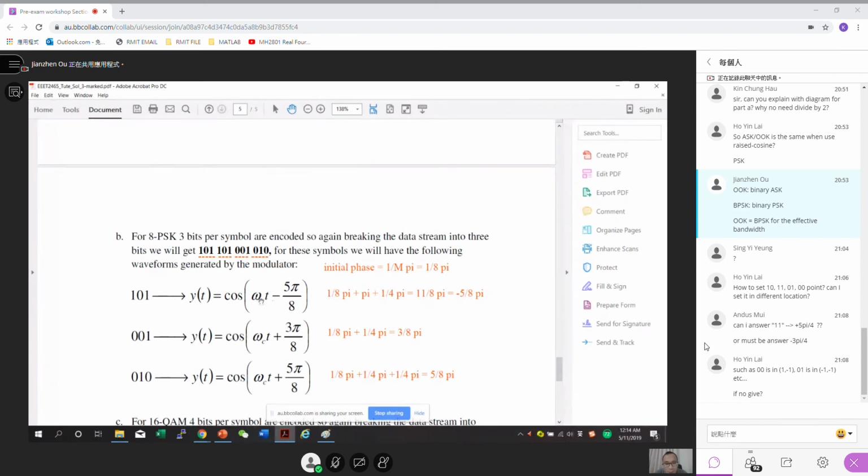You can put 11 pi over 8 here, but I think you had better change to the negative side, which is equal to minus 5 over 8 pi. So this is easier. How to convert from 11 over 8 pi to minus 5 over 8 pi? This is high school material, and I expect you can do it without any problem.